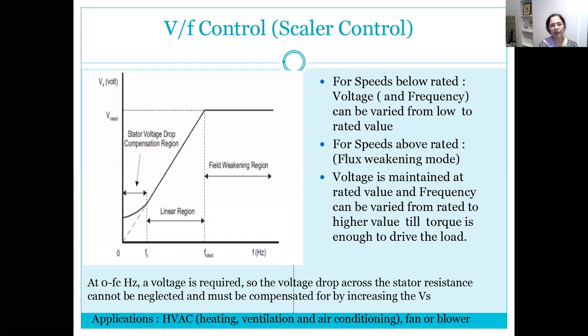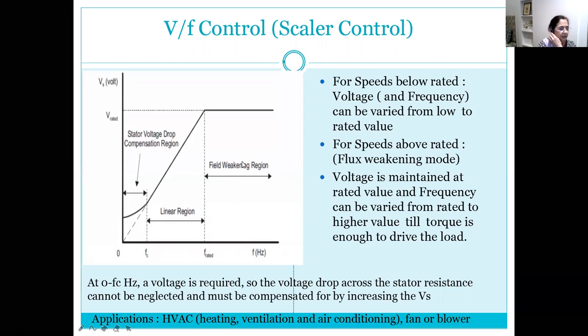Whereas when we try to increase the speed of the motor above rated speed condition by increasing the frequency, we need to maintain the voltage constant. So we cannot maintain V by F ratio constant in this region. So V is constant divided by increasing frequency. The ratio keeps on reducing, which indicates the flux weakening region.